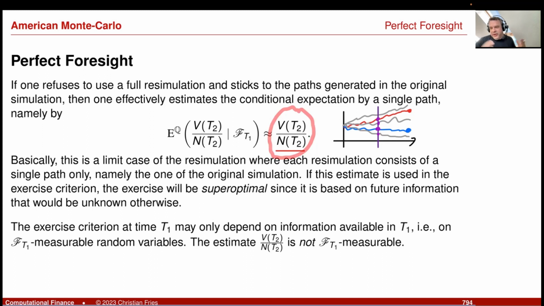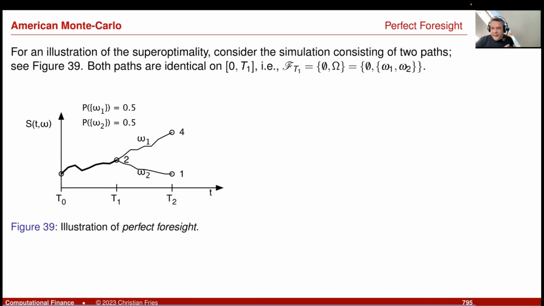It is Ft2 measurable, but not necessarily Ft1 measurable. So you know something about the future, and you base your decision on knowledge about what you get in the future. You could have a different decision on sample paths that have the same past but different futures.